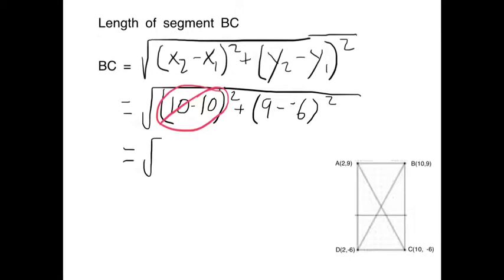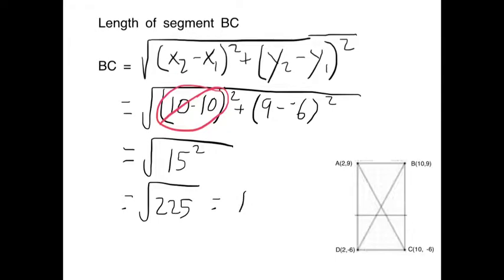So this equals the square root of 15 squared. And that gives us the square root of 225, which of course, the square and the square root cancel each other out, leaving us just with 15. So the length of the vertical side here is 15.